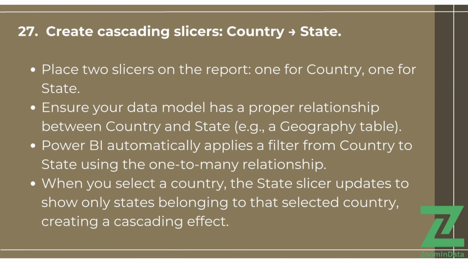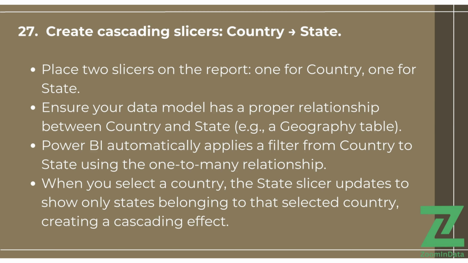27th question. Create cascading slicers. Country leads to state. Place two slicers on the report, one for country, one for state. Ensure your data model has a proper relationship between country and state, for example, a geography table.